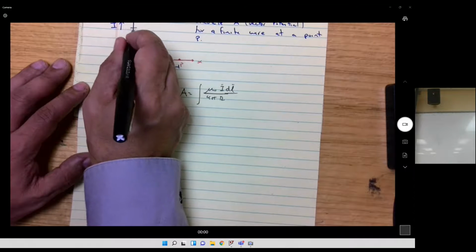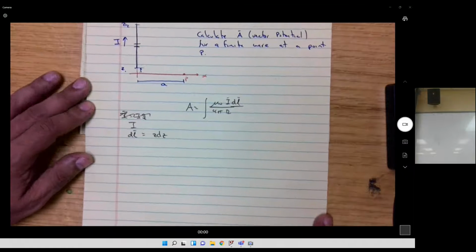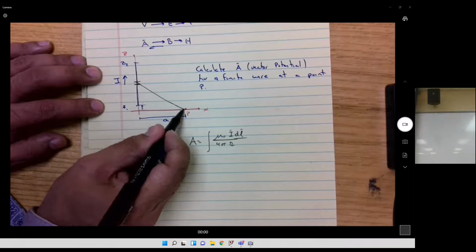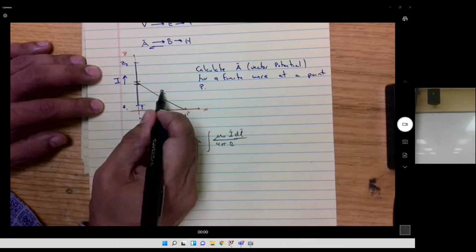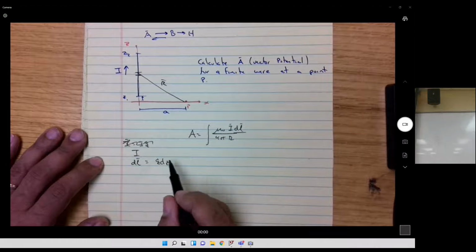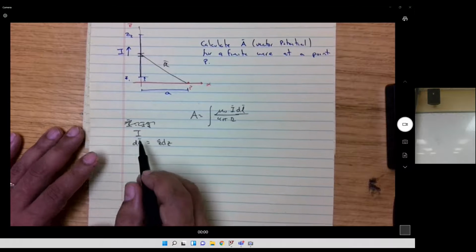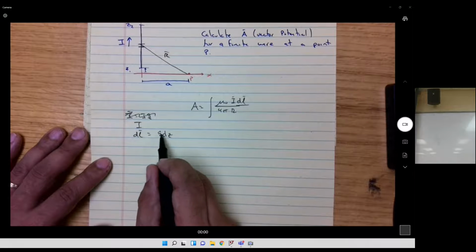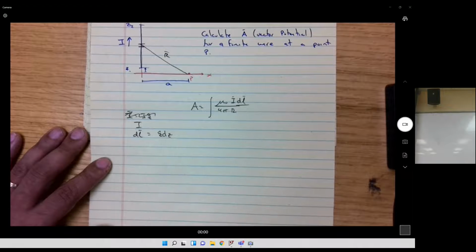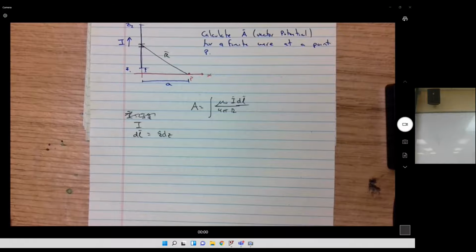You can imagine that I'm going to take a small little segment of my wire, and this is going to be my r, the distance to my point P. So this dl is going to be a differential along the z-axis in the z direction, so it's going to be z hat dz.